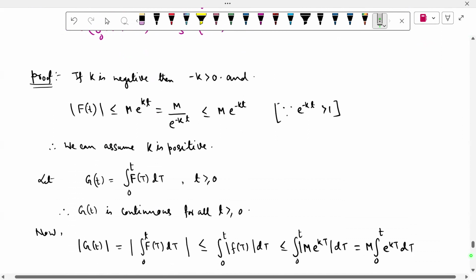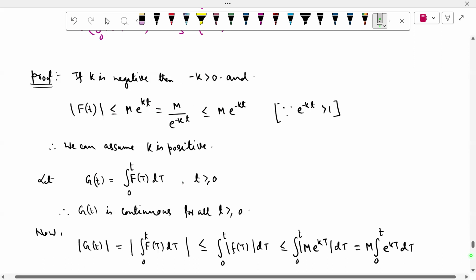If k is positive, then it is okay. But if k is negative, then we can write this as M e to the power minus kt. Here minus k is a positive number, so e to the power minus kt is always greater than 1, and so this is less than or equal to M e to the power minus kt.